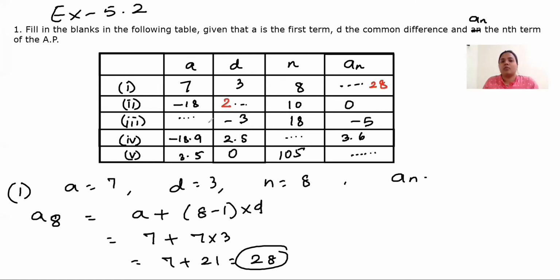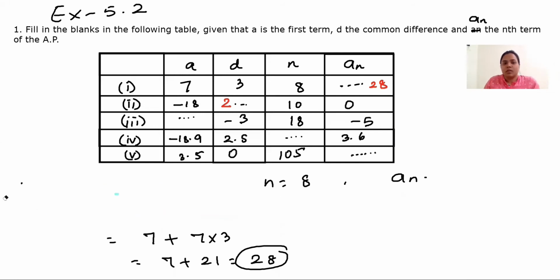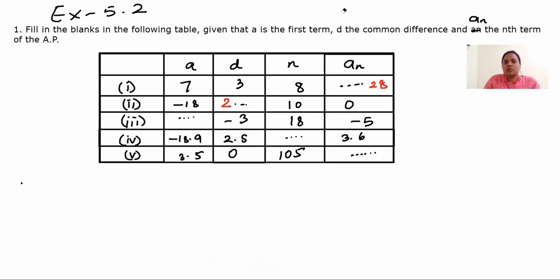In the third one, we have to find a. Correct? So if you want, I can solve it here only, just by erasing this part. So a is not given. d is equal to minus 3. n is 18. an is minus 5.